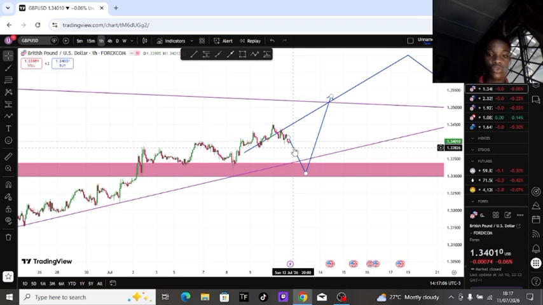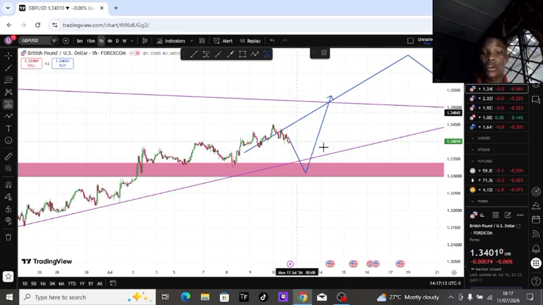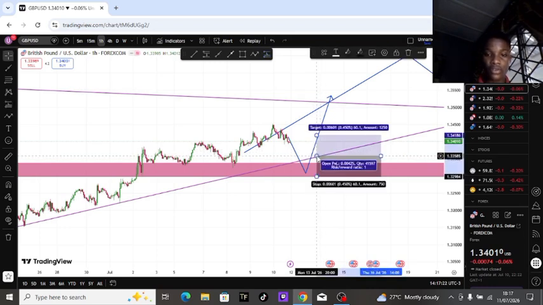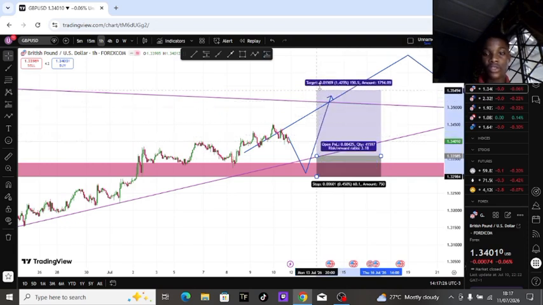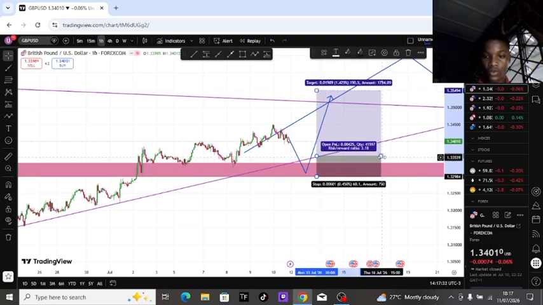I'll be focusing on longing this position on GPUSD from here after the breakout. After I visited the level, then I'll be having about 1 to 3 or 1 to 2 from here, which is cool.